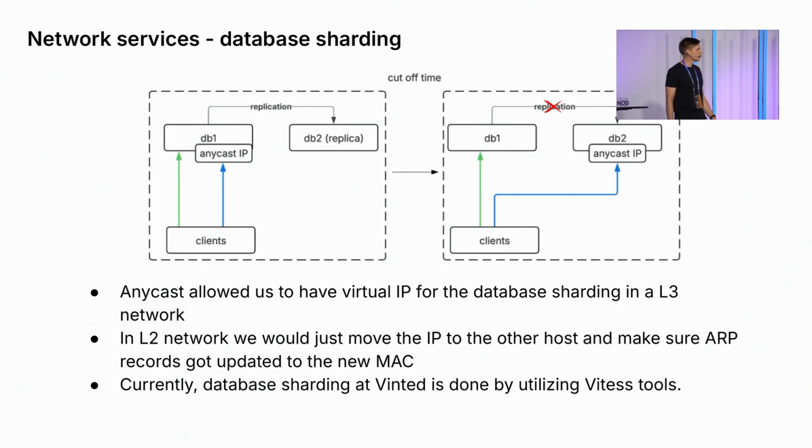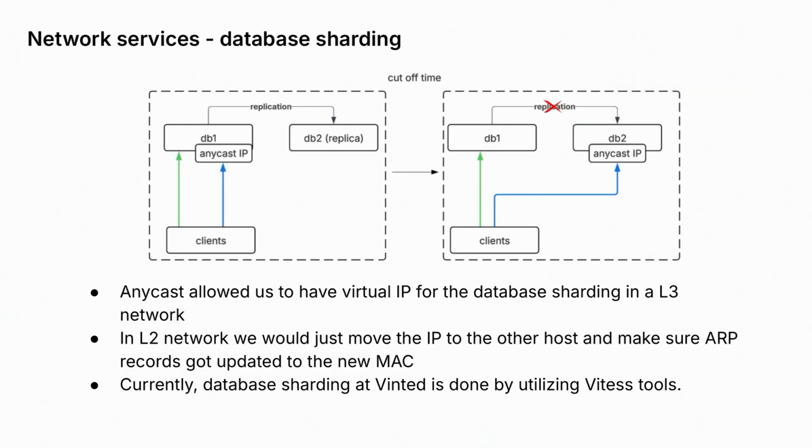So another interesting case where we used Anycast was database sharding. It's a situation when your database is getting too big and it's getting slow, so you want to separate some tables and move them to another group of servers. In order to do that, we would first introduce the new database connections in the clients or applications.